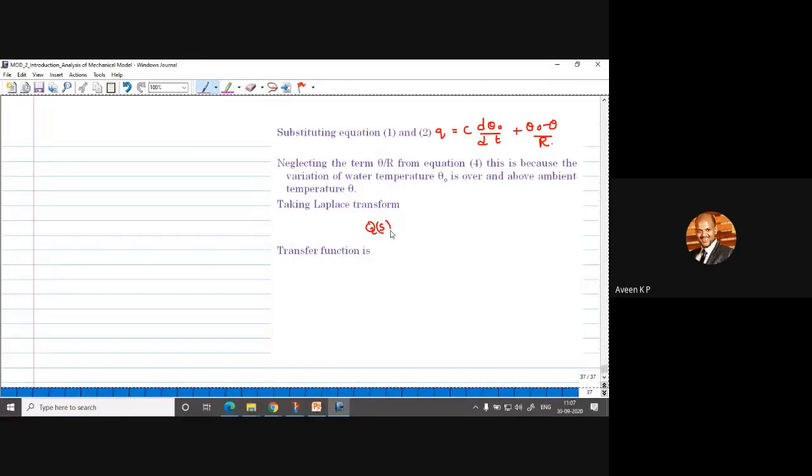Q of S equals, C as a constant, the differentiation of theta naught will give S into theta naught of S, plus theta naught of S by R, and we will neglect this theta by R. We neglect it because the variation of the temperature theta naught is over and above the ambient temperature.